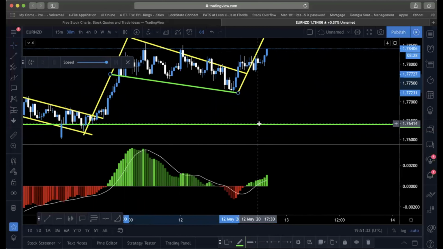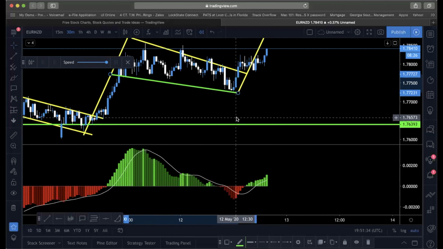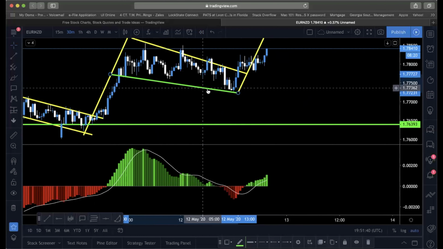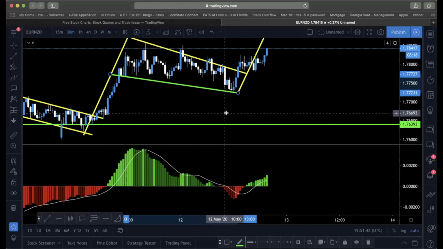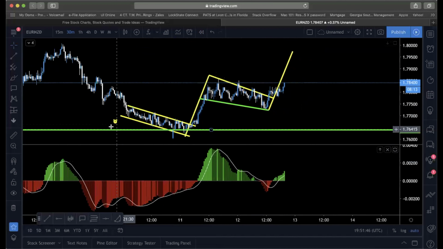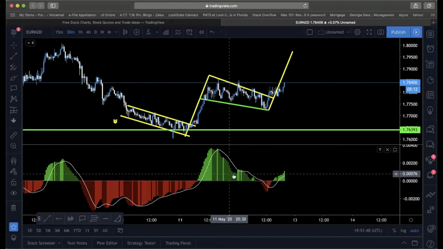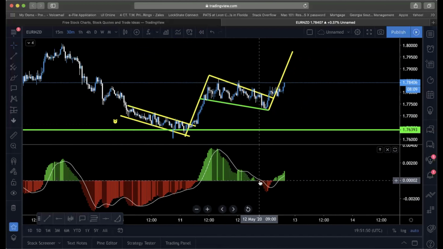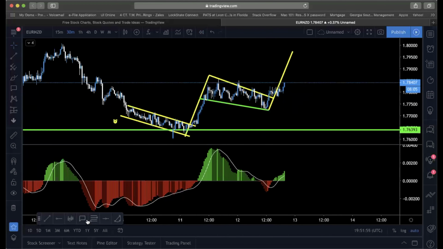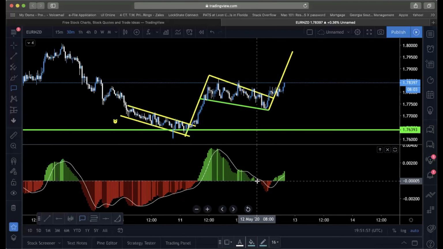So I know a lot of people always say, well, Busy, when do I get in for the buy? Quite simple. You can either buy right down here on this green line, as close to this green line as possible, or again, look at your MACD and wait for the retest. So you would have bought right here, perfectly. This was your retest.